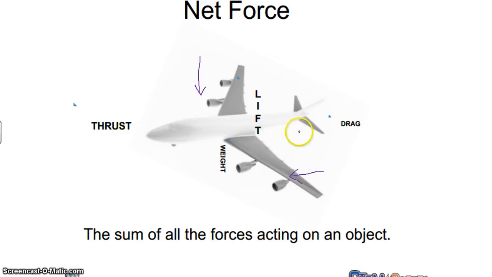The plane is obviously going to have some drag or wind resistance, which would be a force to the right. And with this drag, it creates lift with your wings, which is what keeps the plane in the air. So you want to make sure that you always have a higher force going up and a stronger force going with your thrust to keep your plane in the air so that you don't crash.